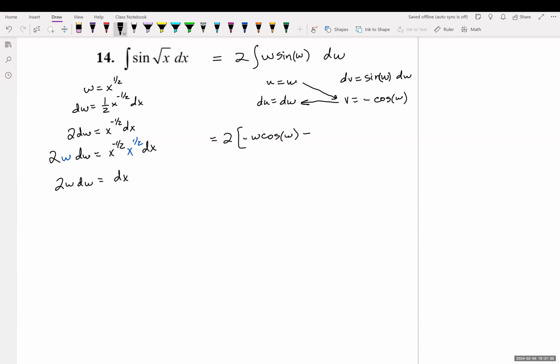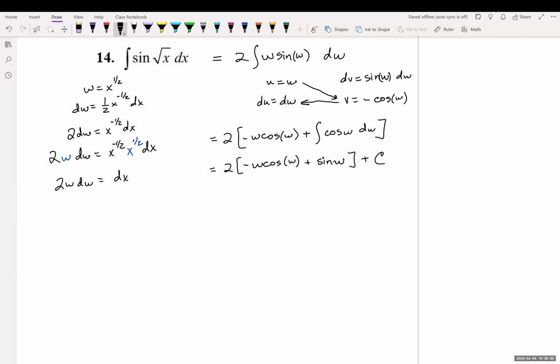V du. Well, we have a negative cosine, and we're subtracting, so it becomes plus the integral cosine w dw. So now we're ready to integrate there, and we get something like this. And we'll go ahead and put plus c back.